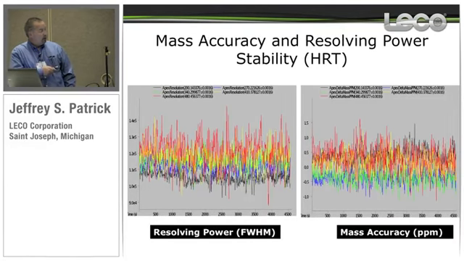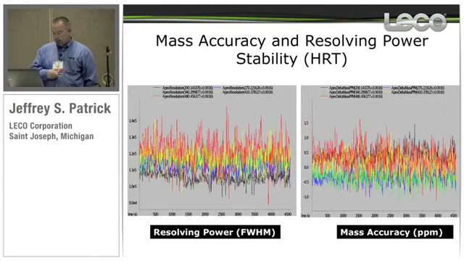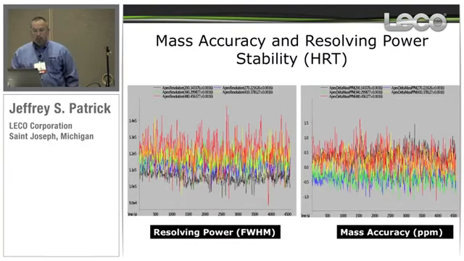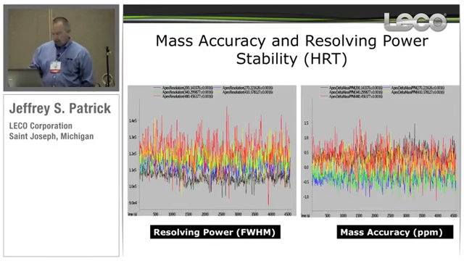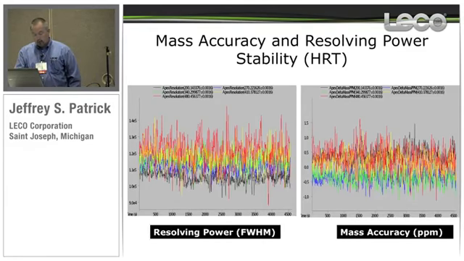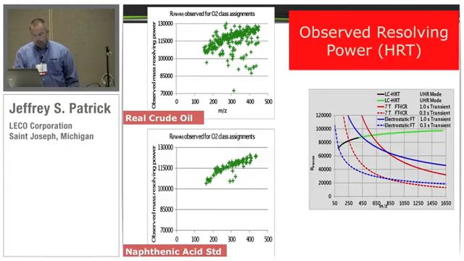With 100,000 here and 140,000 here, we're consistently in the 120,000 range on the HR TOF. And for mass accuracy, again, consistently within plus or minus 1 ppm. So the general attributes are there to be able to have successful experimentation and to derive the type of information that you can get from an FTMS experiment.